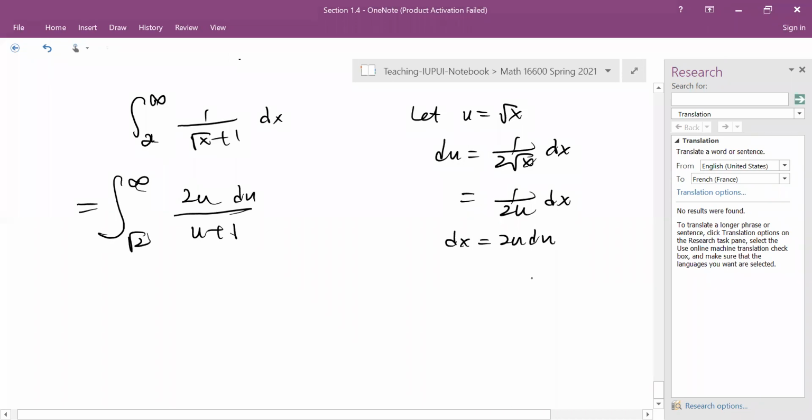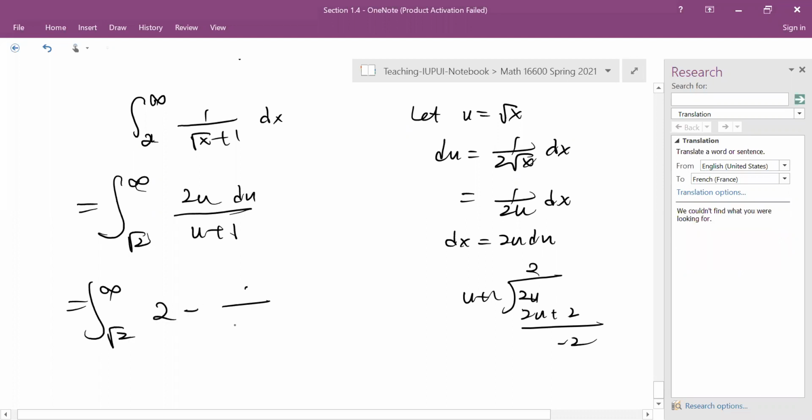It's a long division, right? 2u plus 1 into 2u, it's 2, and 2u plus 2, and the subtraction is -2. So that's 2 minus, I think that's it, right?